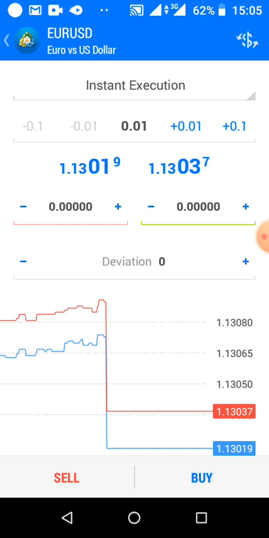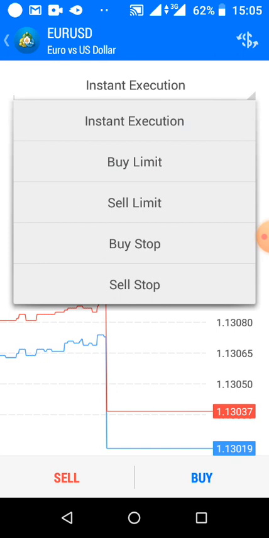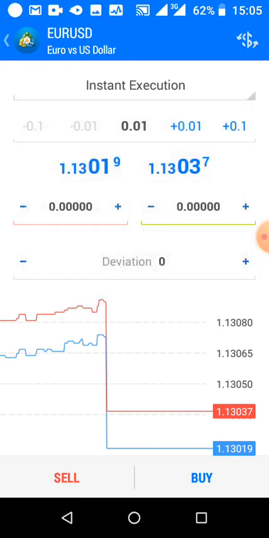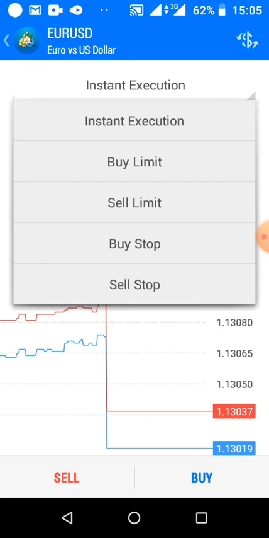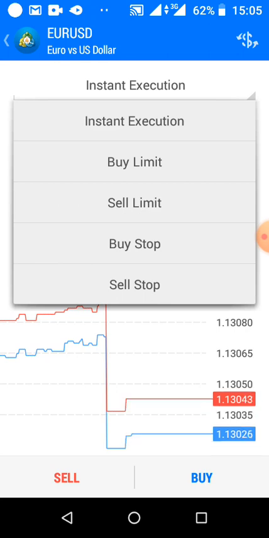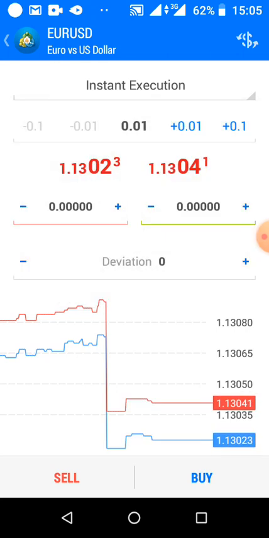We have two major types of execution: instant execution and pending execution. In pending execution, we have different types, which include buy limit, sell limit, buy stop, and sell stop. I will explain all these other ones in the next clip, but for now, let's just concentrate on instant execution.